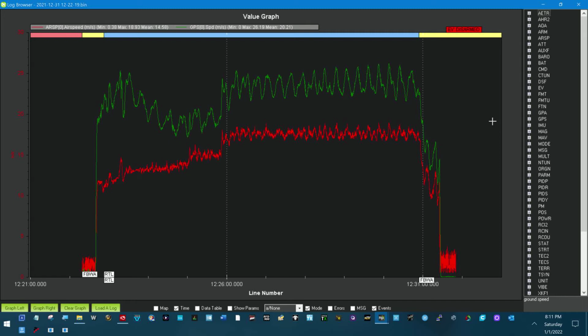Therefore, a 30 mile an hour airspeed going downwind on a 10 mile an hour wind speed should have a ground speed of 40 miles per hour. This never caught up. Now, what I witnessed at the field does represent this graph in the fact that there was no wind.